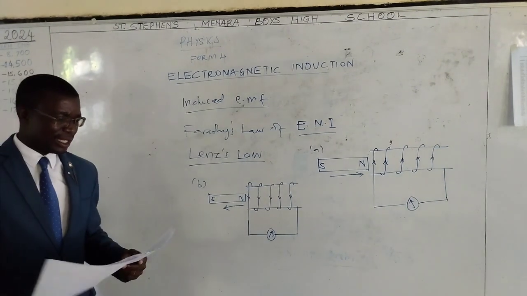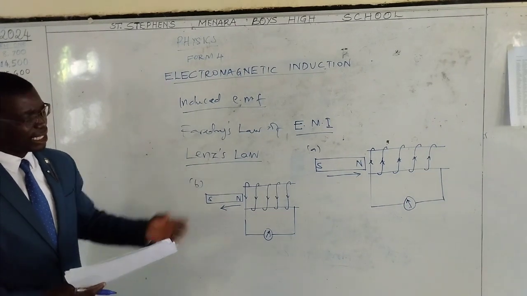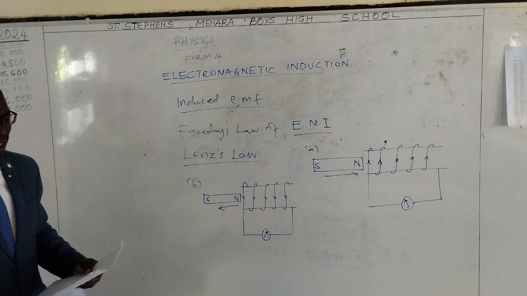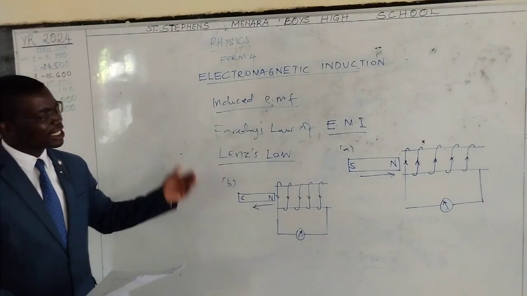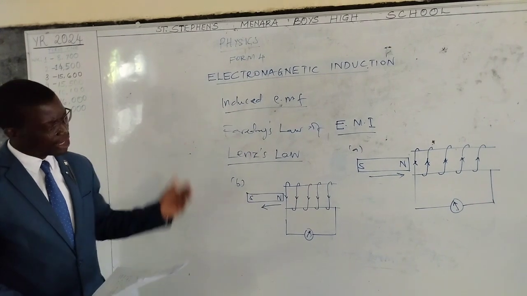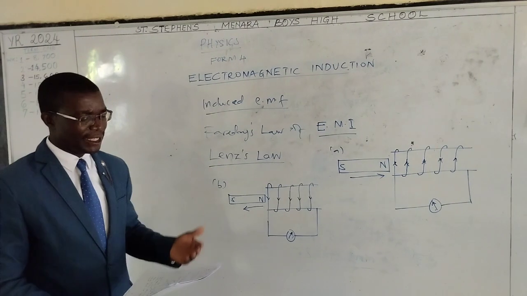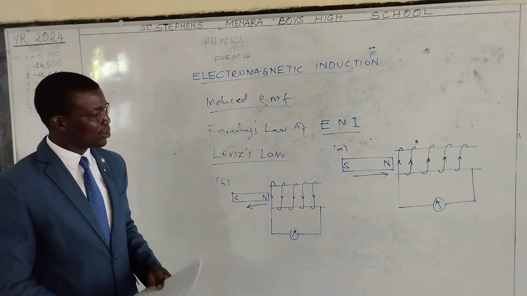Then how do we now state this law? We state this law in this manner. The direction of induced EMF is such that the induced current which it causes to flow produces a magnetic effect that opposes the change causing it.